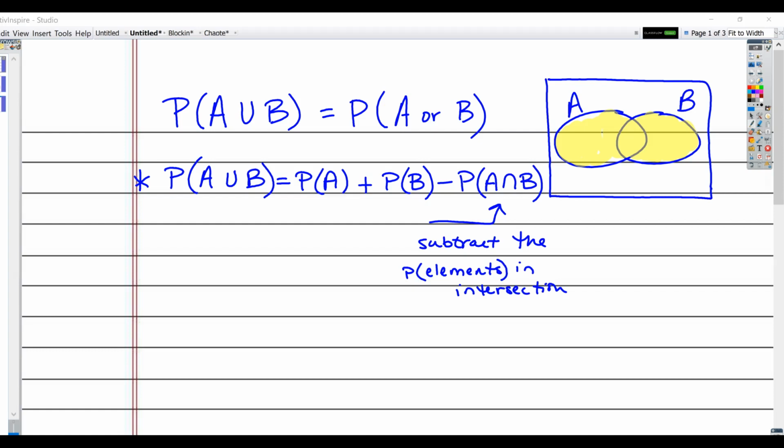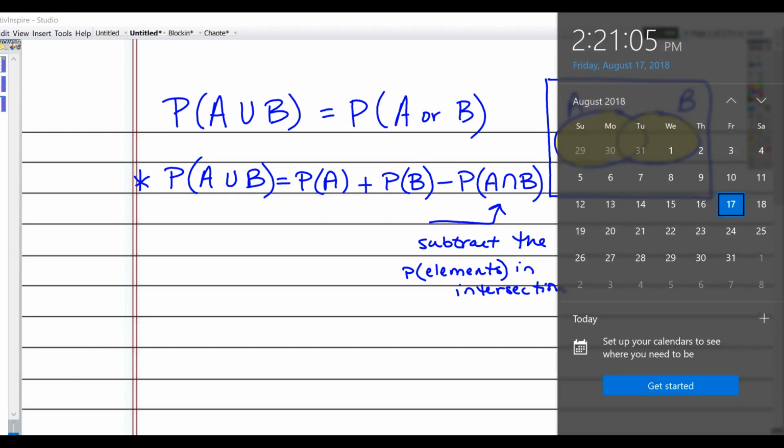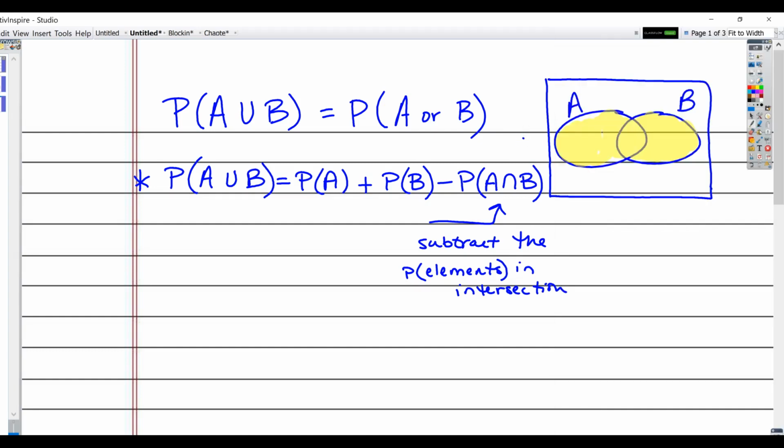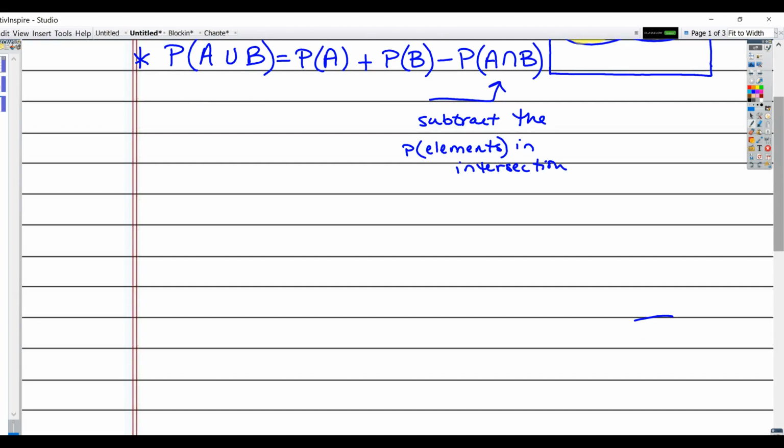So that is our new formula, and let me show you what we're going to do with that. So here's our first example. If I have a deck of cards, what is the probability of getting a face card or a red card?